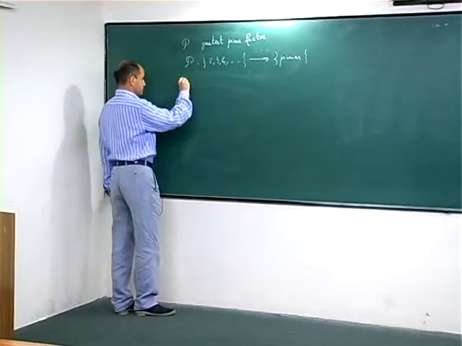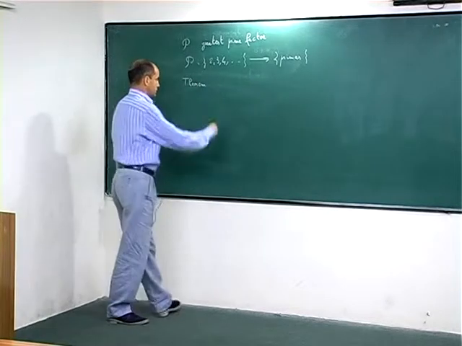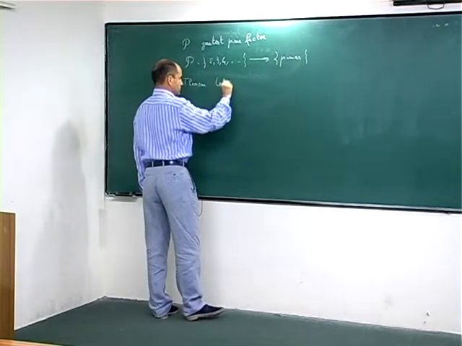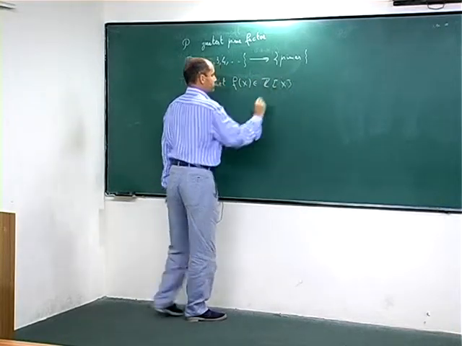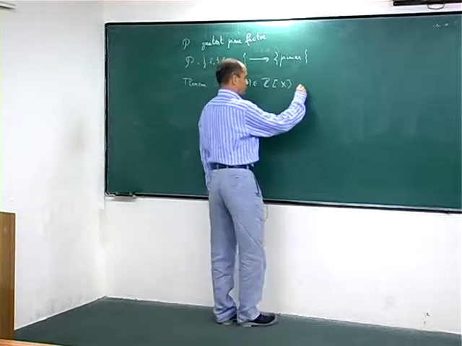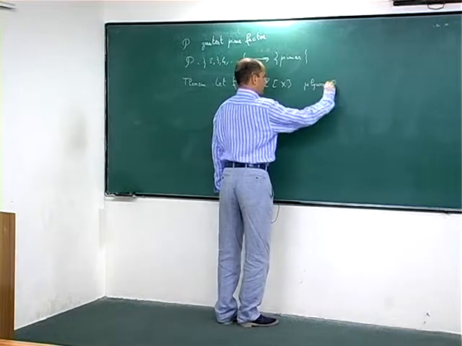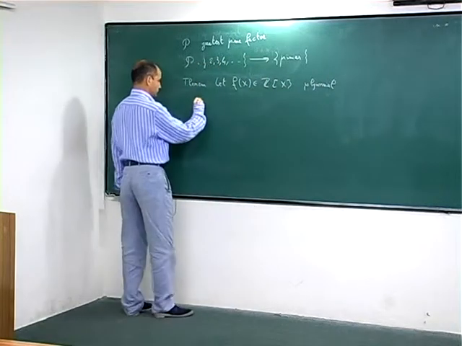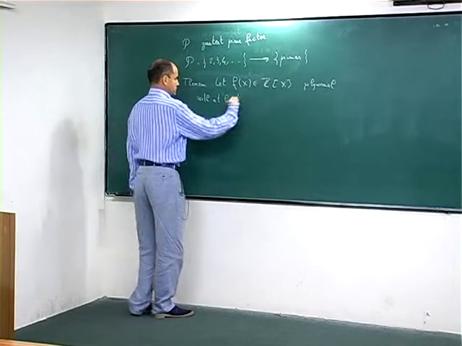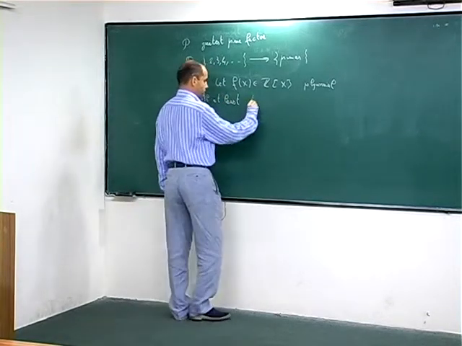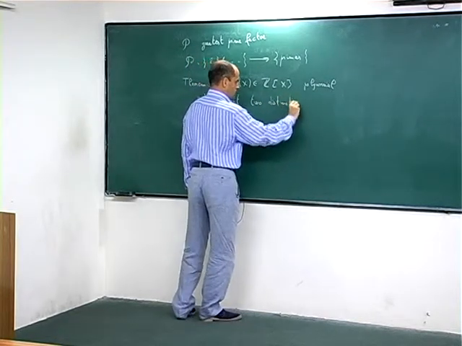And the theorem I want to prove: let f(x) be a polynomial with integral coefficients with at least two distinct complex roots.